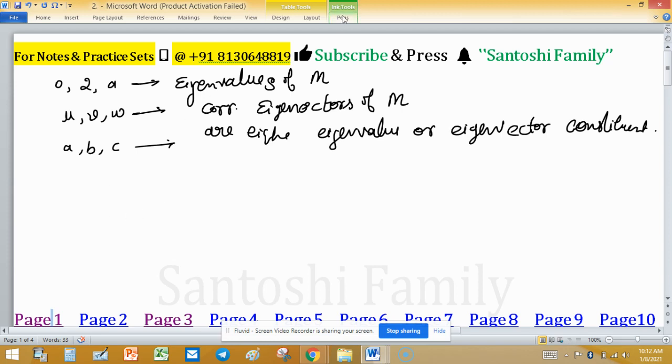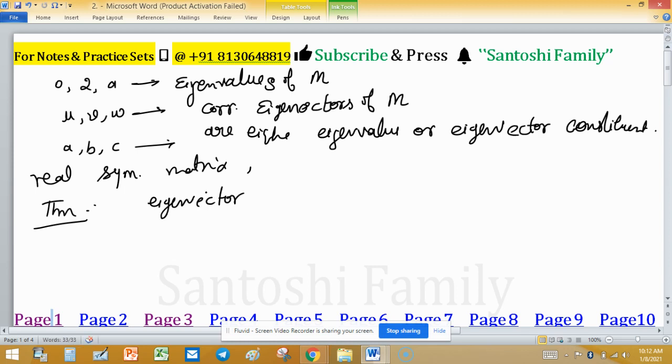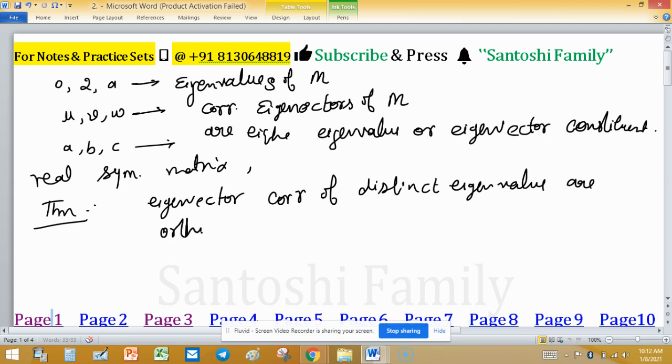And this is a real symmetric matrix. In a real symmetric matrix, there is a theorem we studied: eigenvectors corresponding to distinct eigenvalues are orthogonal. 0, 2, and a are eigenvalues.